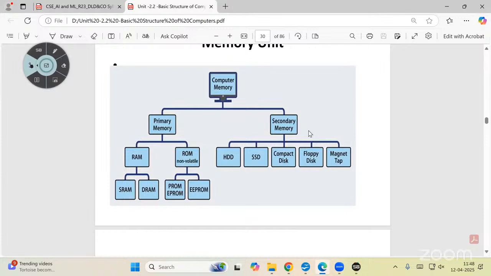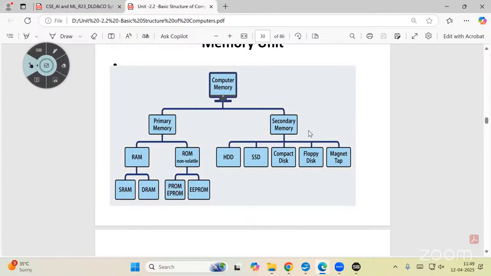So the primary memories are internal memories: the random access memory and the read-only memory. Based on the design of the structure, RAM can be divided into SRAM and DRAM. SRAM means static random access memory and DRAM stands for dynamic random access memory. The structure is different.